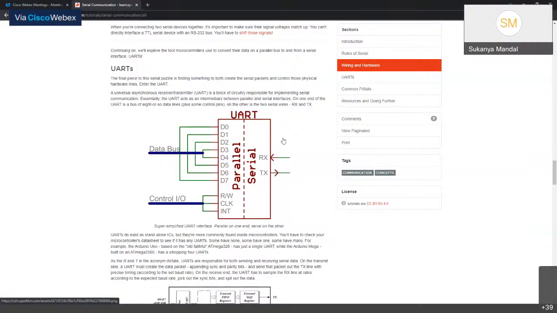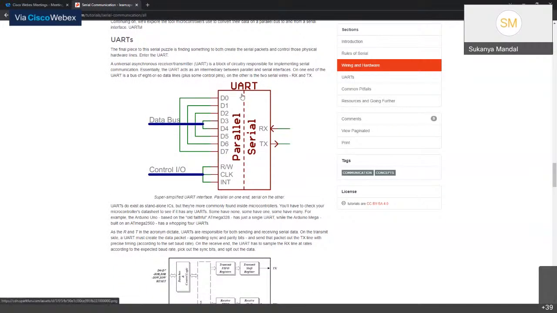Essentially, the UART acts as an intermediary between parallel and serial interfaces. On one end of the UART is a bus of 8 or so data lines plus some control lines. On the other side are just 2 wires, the receiver and the transmitter. So this is a typical UART interface, parallel on one end and serial on the other end.